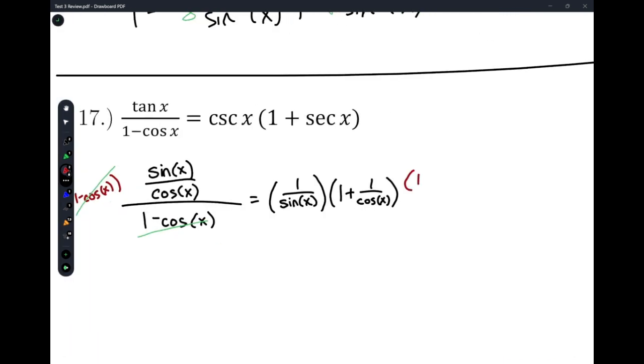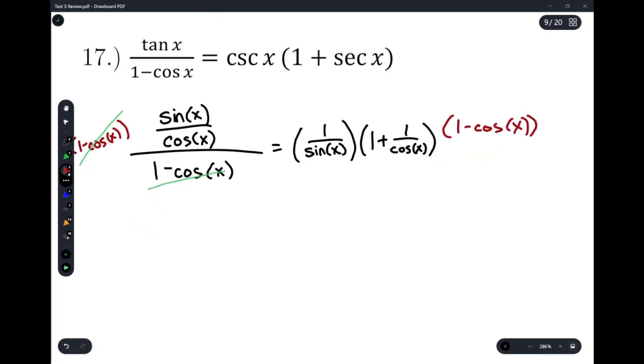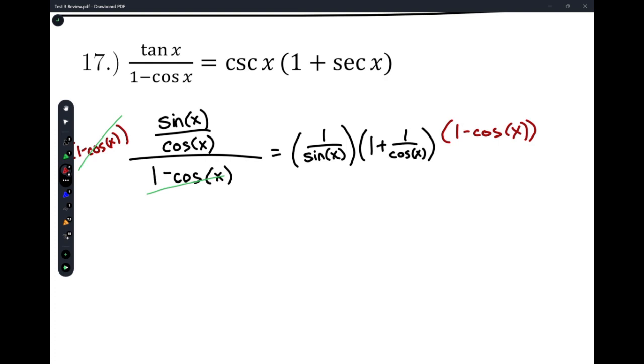So up here, we're going to get 1 minus cosine of x. Oh, crap. Made it worse? It's not helping? No, I think it'll take away some of the stuff. It looks like it'll take away the cosine at the end and turn it into a 1, but I don't know. So now we've got sine of x over cosine of x equals all that stuff.